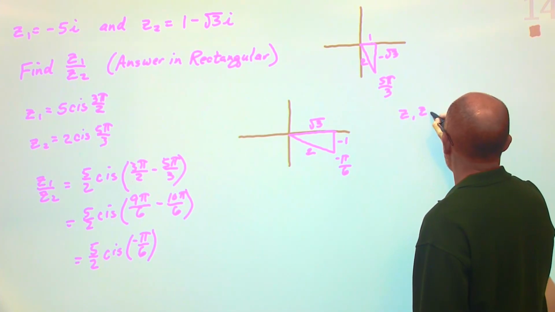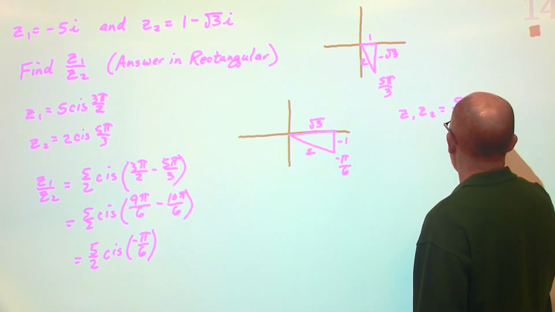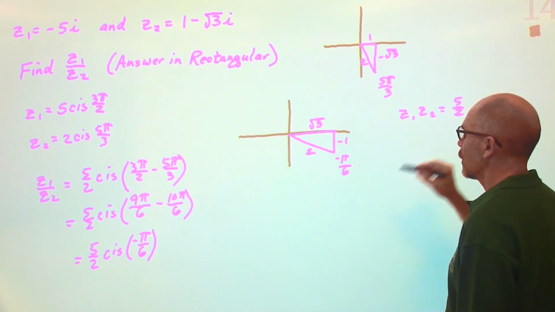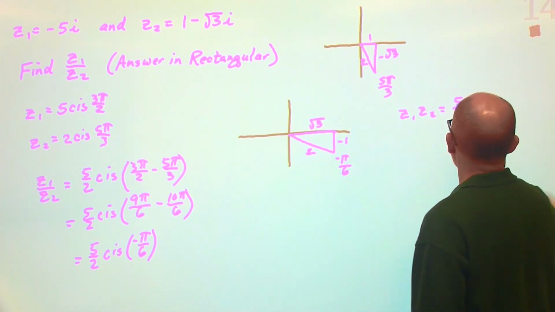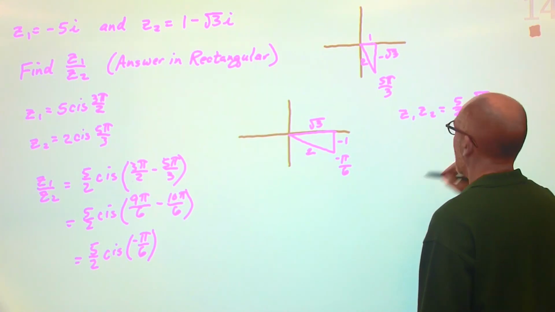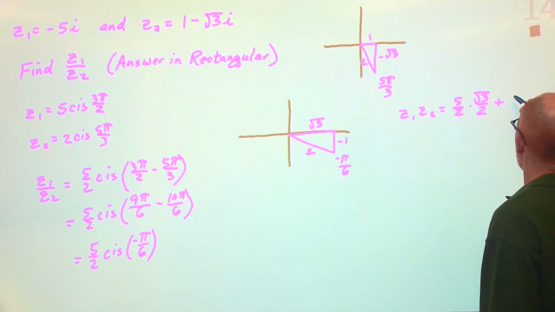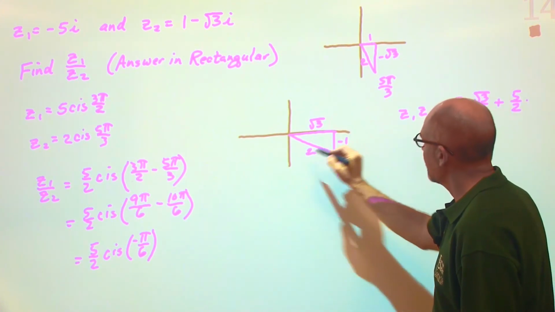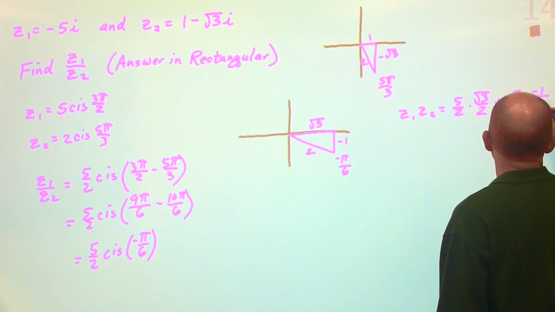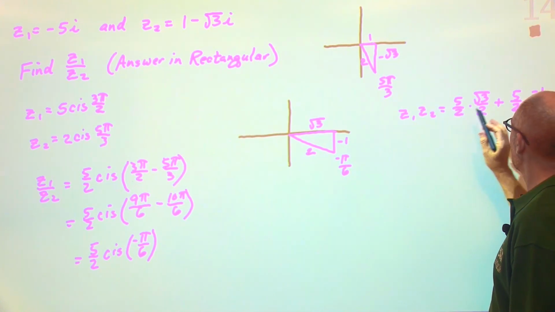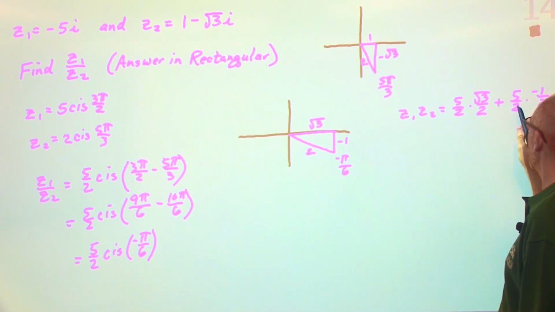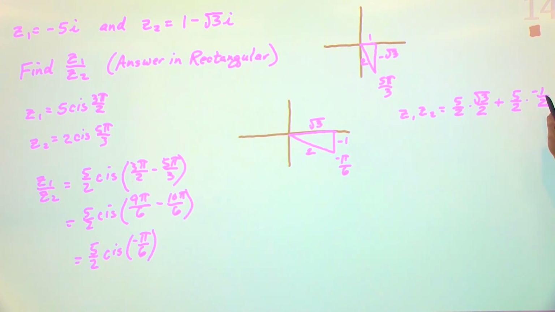So z1 over z2 equals 5/2 times cosine of negative pi over 6, so 5/2 times square root of 3 over 2, plus i sine. So 5/2 times, what's sine of this? Negative 1/2. So notice I've got the 5/2 times cosine of the angle plus 5/2 times sine of the angle.